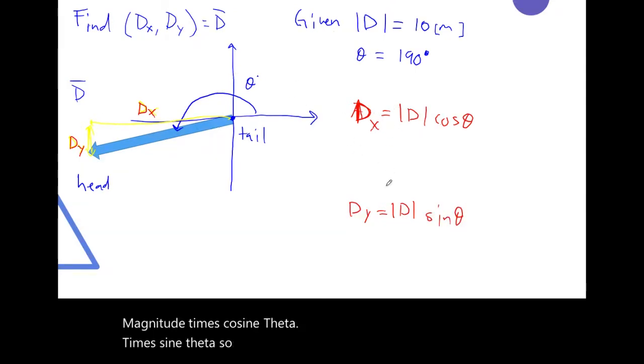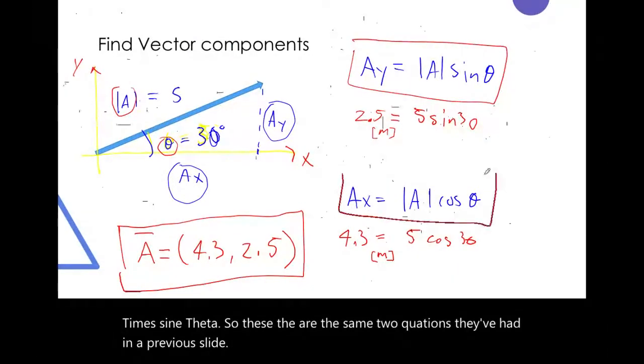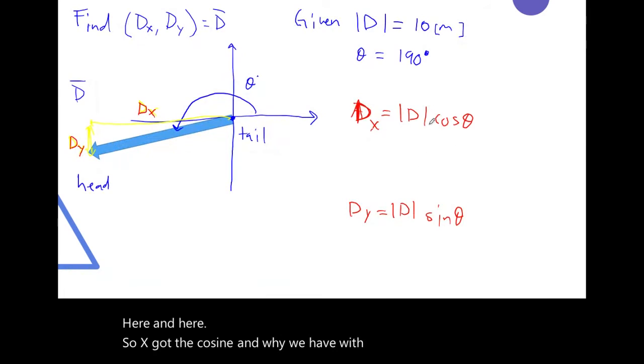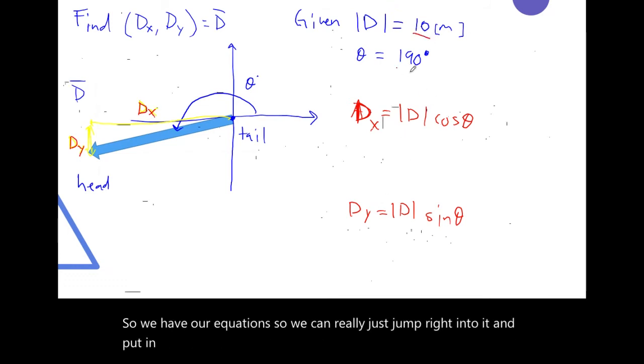So these are the same two equations that we had in the previous slide. So x we have with cosine and y we have with sine. Okay. So we have our equation, so we can really just jump right into it and put in the 10 and the 190.